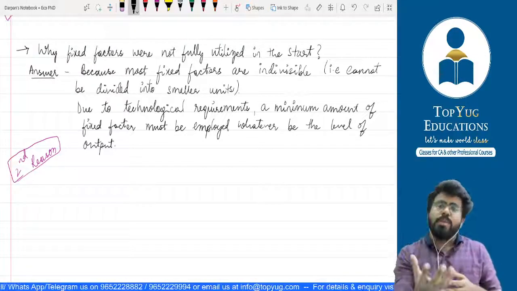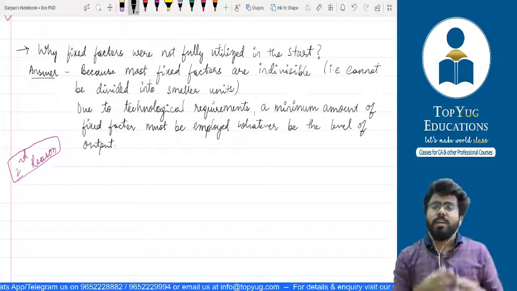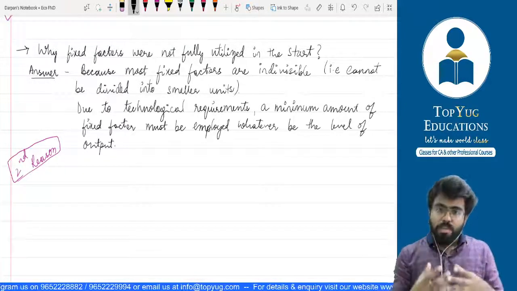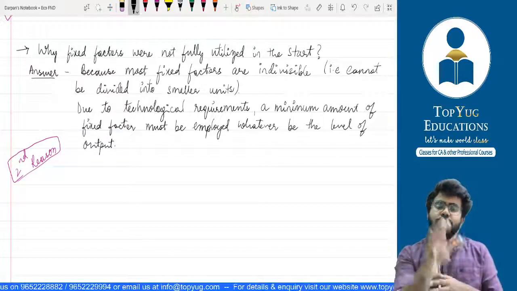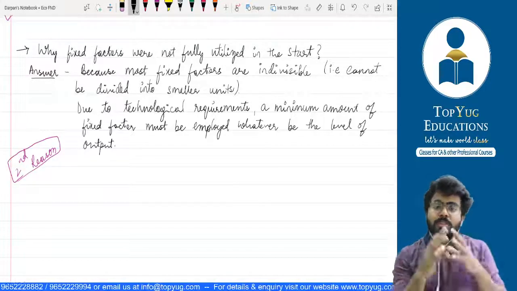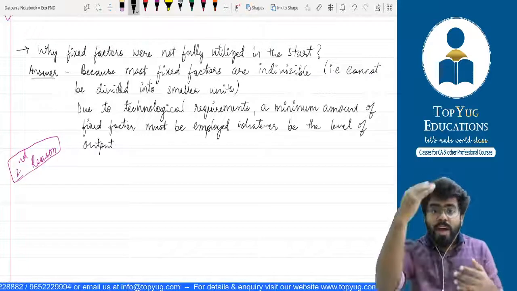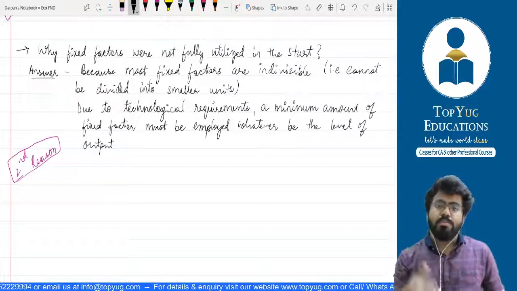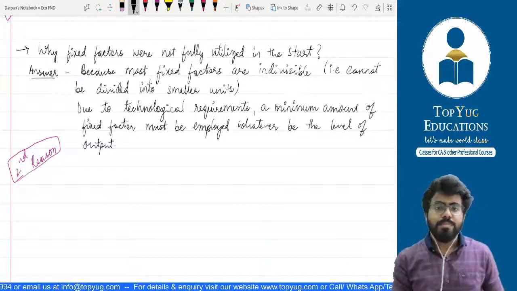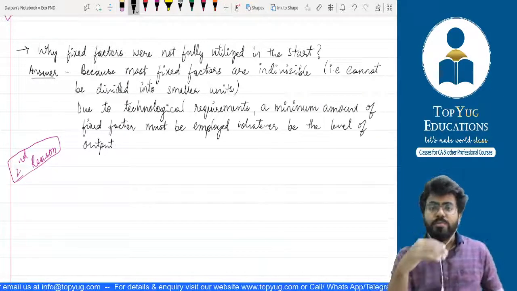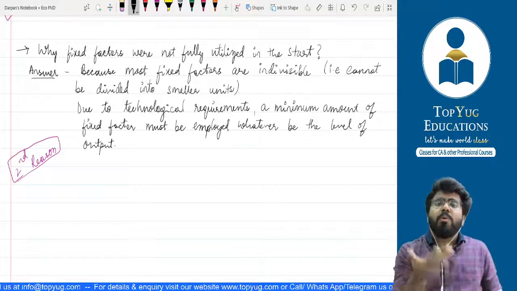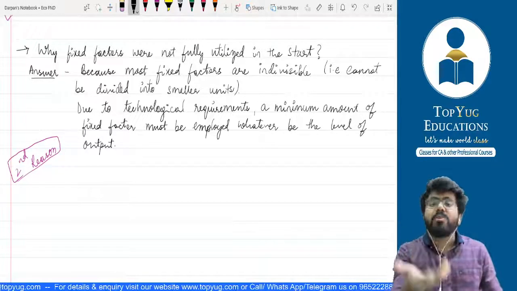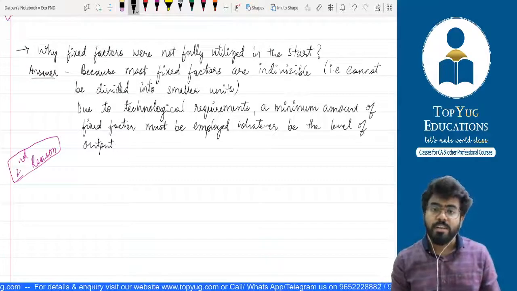So if somebody is good with marketing, he will be put under marketing. If somebody is good with sales, he will be put under sales. If somebody is good with production, that person will be put in production department. So that is possible when you have that number of laborers. If you don't have an increasing number of employees, how will you divide? So when increasing number of laborers are being employed, you can divide them and bring about specialization in your factory.